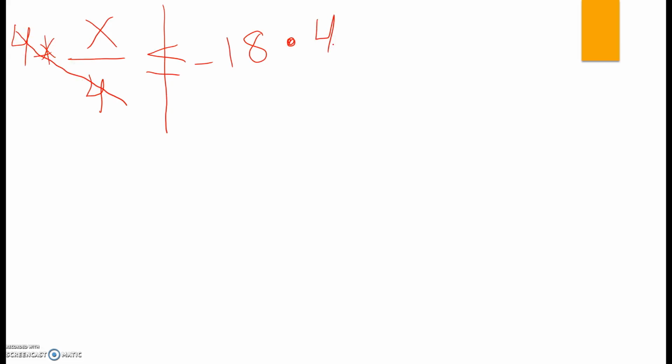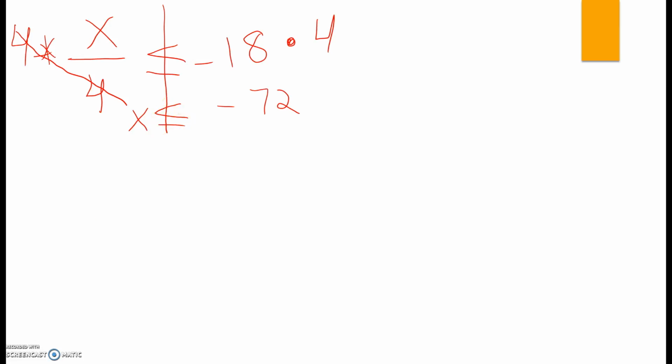We're going to multiply by 4 on this side. Negative 18 times 4 using our integer rules is negative 72. x is left on this side. Now, you multiplied by a positive 4, so the sign stays the same.